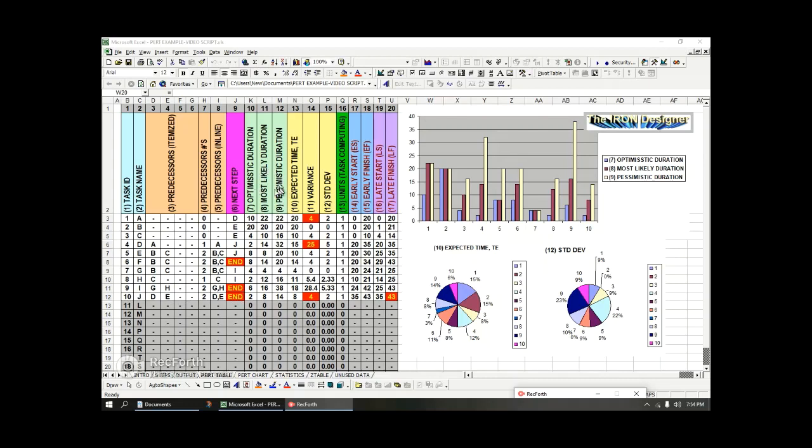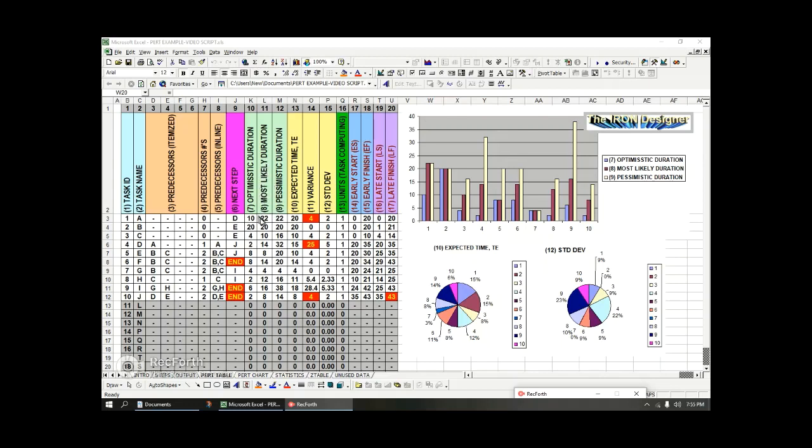The next columns here are now your estimate durations. Now these 3 columns are the most complicated to put together. You really need a lot of experience working with the vendors, suppliers, stakeholders, and project managers to get a good understanding of these. If you have an optimistic duration, you could complete A in 10, okay?